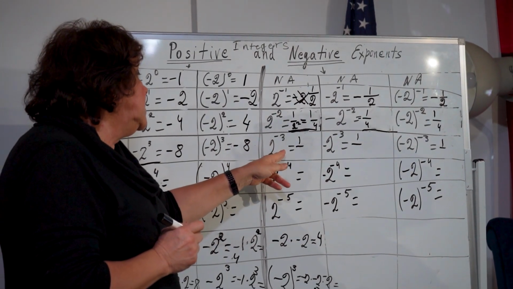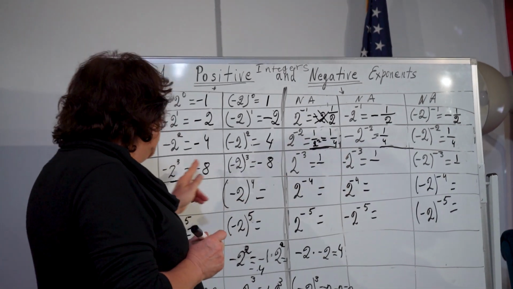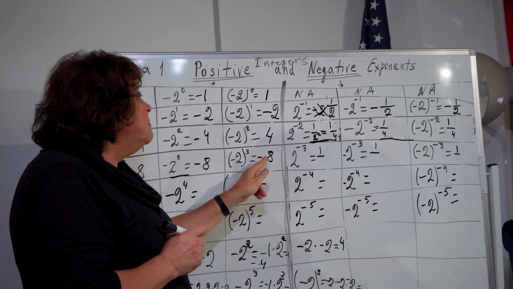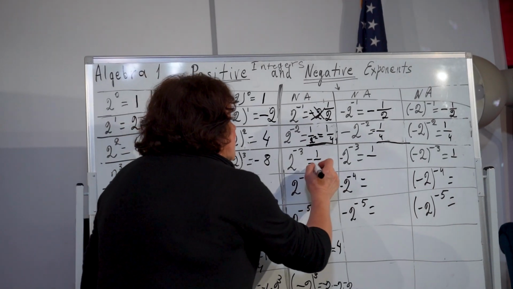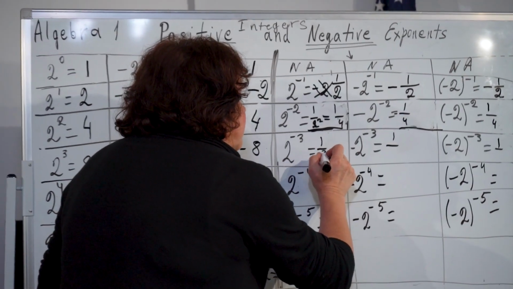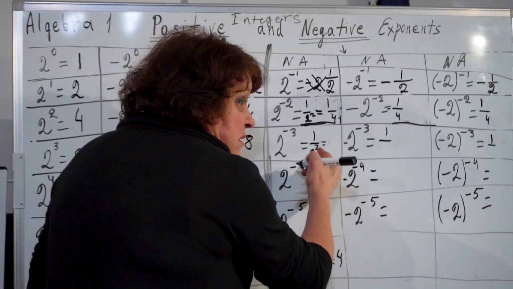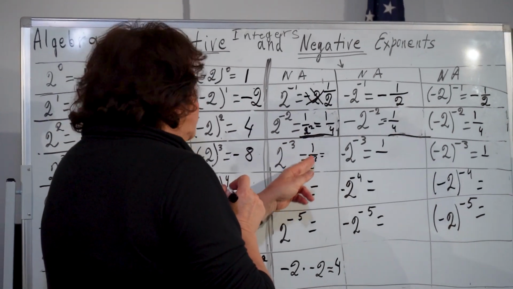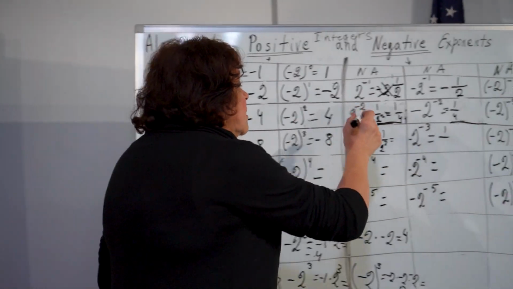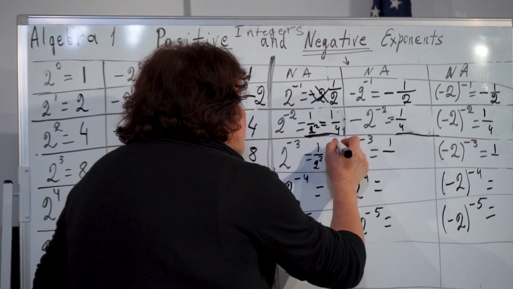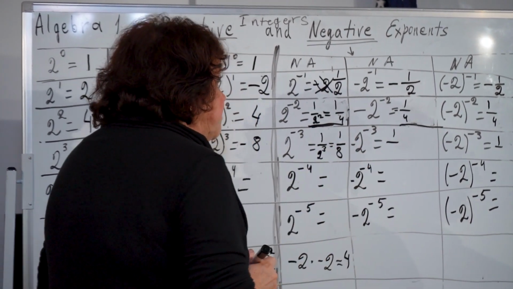Now let's see what's going to be here. Everywhere here, your denominator is going to be 8, because what's here is going to be 2 to the power of 3. Now positive power of 3. So what is 2 to the power of 3? 8. So it's very easy. The answer is going to be 1 over 8.